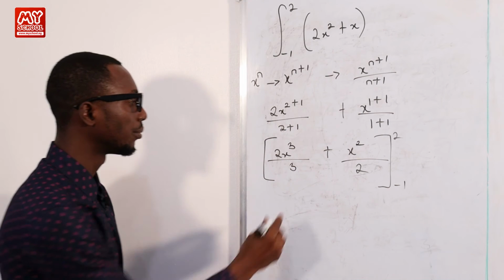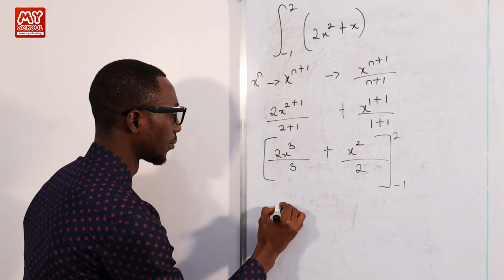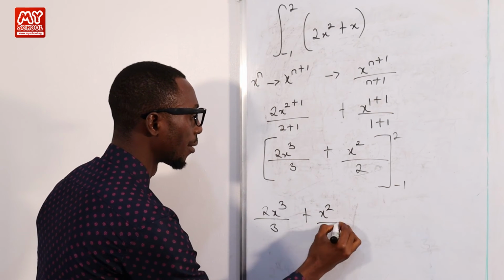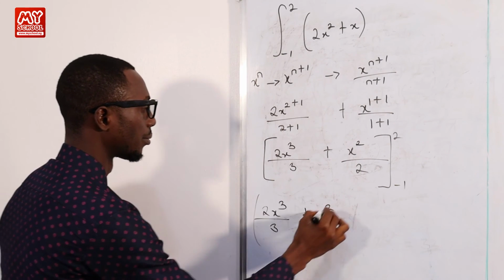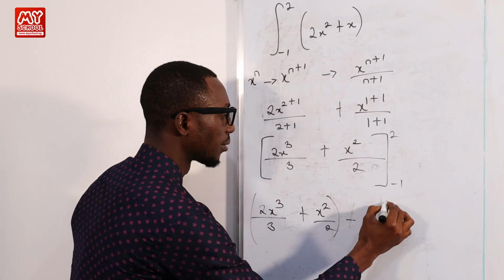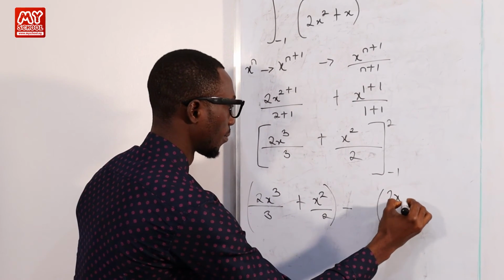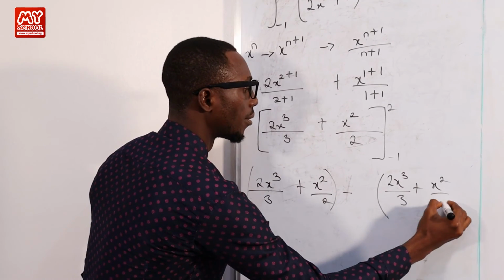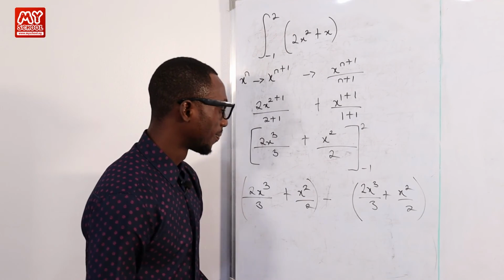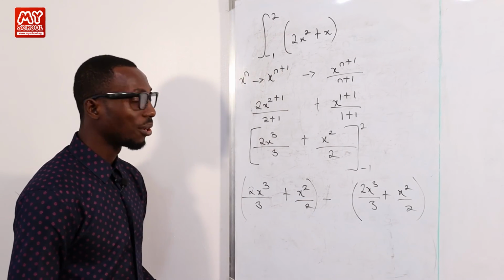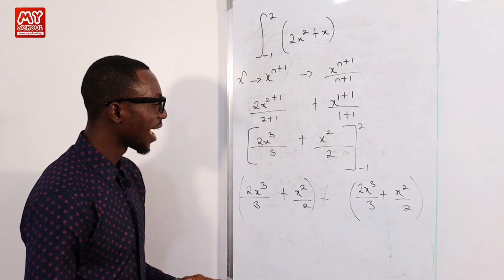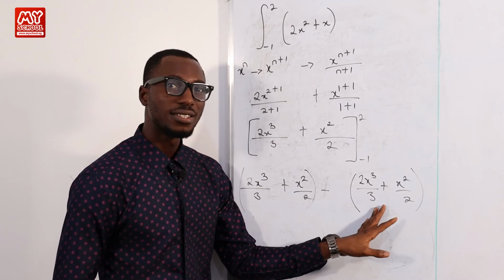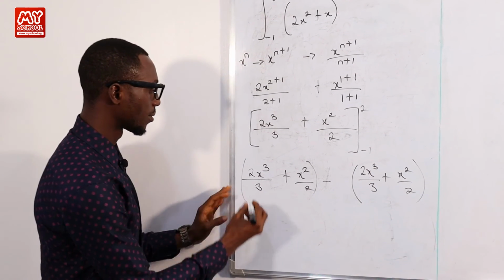So now let's make it happen: 2x cubed over 3 plus x squared over 2, minus the same expression. Let's begin to input the values. Anywhere we see x for this part, we put 2. Anywhere we see x, we put minus 1.